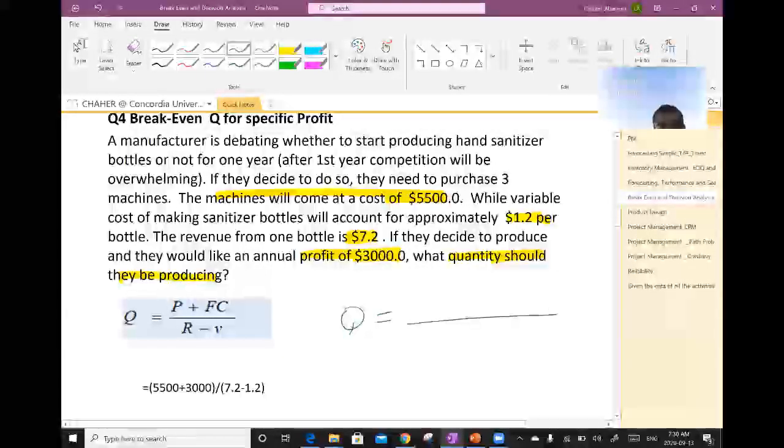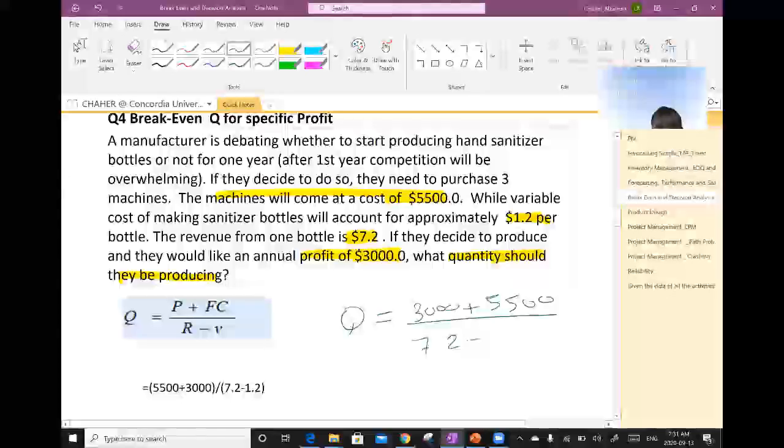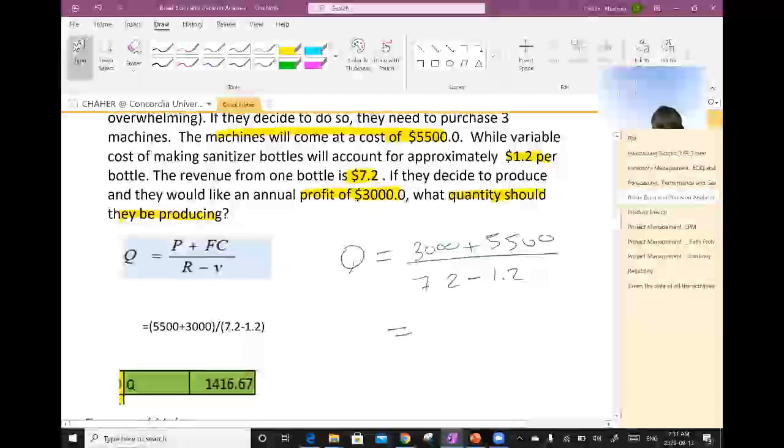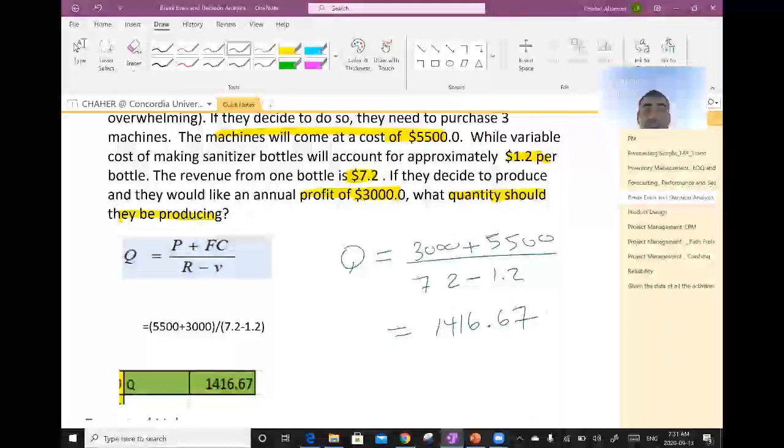So they want a profit of 3,000, plus the fixed cost, which is 5,500. And that's 7.2 is the revenue minus the variable cost 1.2, and that should give us 1416.67. So they should be producing 1,417 bottles to achieve that profit.